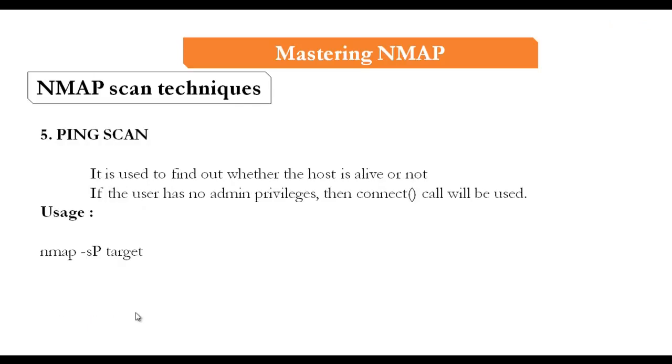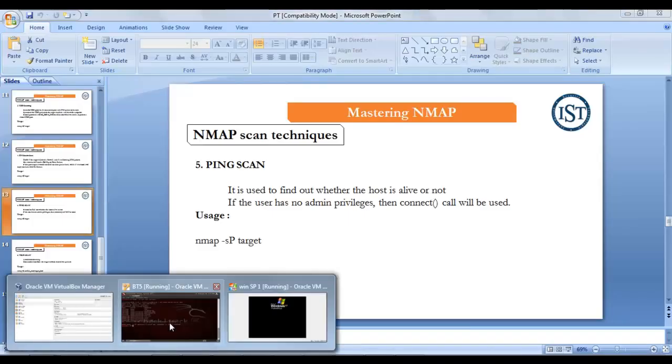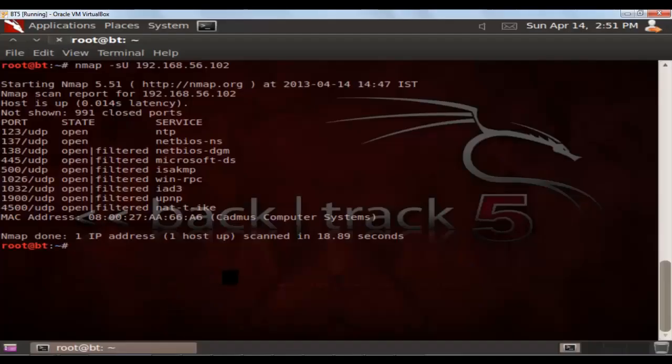The next scan technique is the ping scan. It is used to find out whether the host is alive or not, and it doesn't show results like which port is open or not open. We will not get that kind of information. It is just to check whether the host is alive. Let's quickly go back to our BackTrack instance and check that.